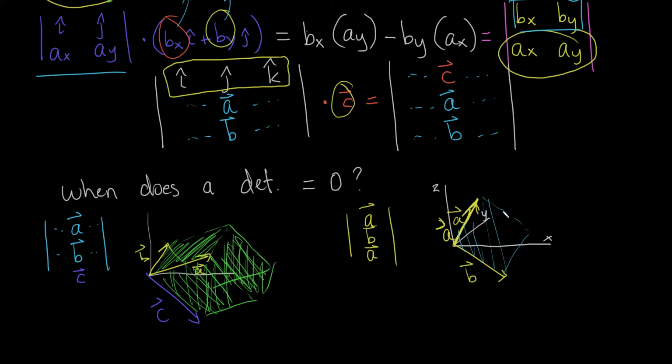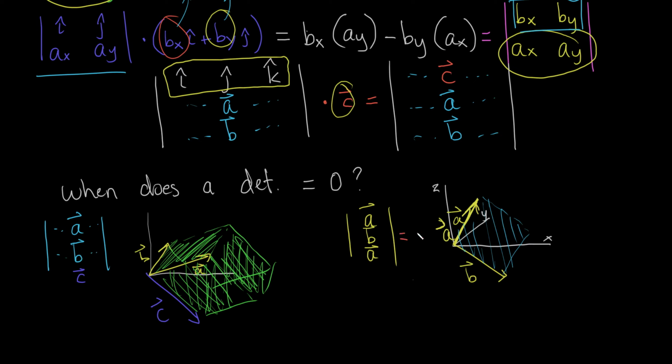And whenever we have 0 height, we're going to have no volume. So we can think about this as having 0 volume. And if the volume is a measure for what the determinant is, 0 volume would tell us that the determinant equals 0. So this is really interesting. Whenever we have 2 vectors in a determinant that are equal, the determinant equals 0.